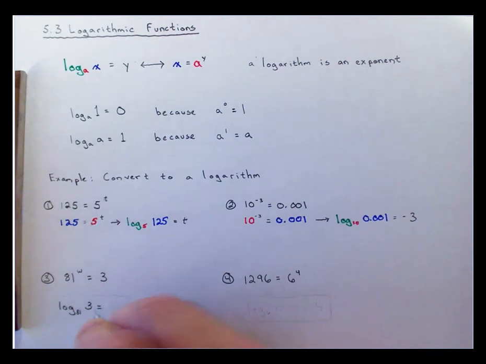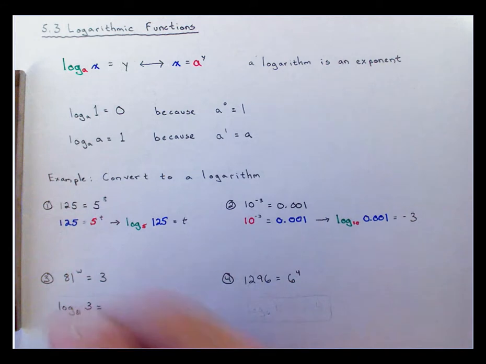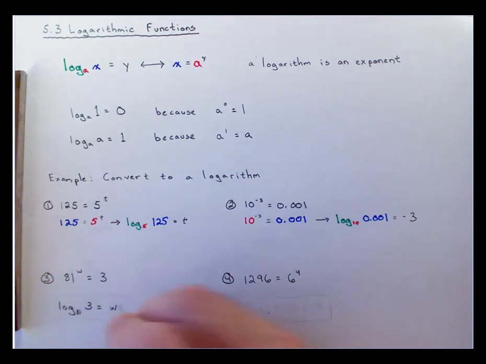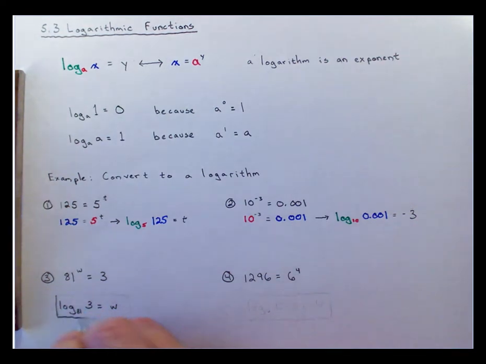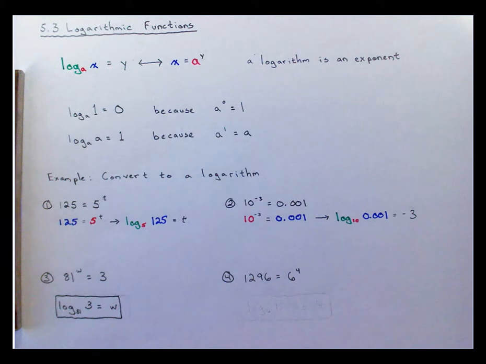And remember, with my logarithms, I'm finding the exponent y, but they're not always going to be listed y. This one is listed w. And I've rewritten that exponential problem as a logarithm. And the point is not to find a numeric value. The point is to convert between exponential and logarithmic.